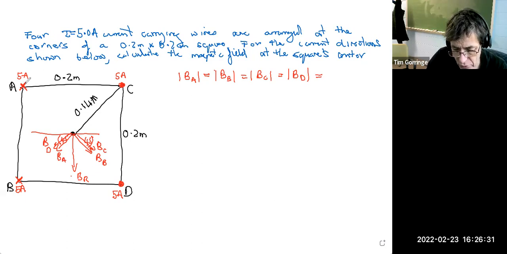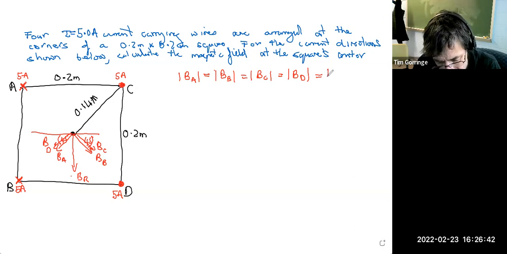So the two things that determine the strength of the field, the current and the distance, are all the same. So all these four fields are the same. I'll just denote them B.